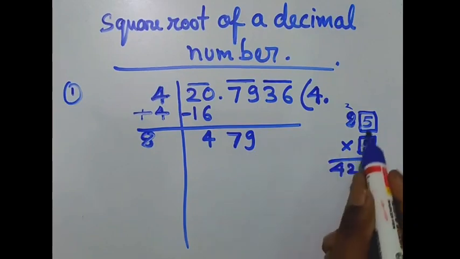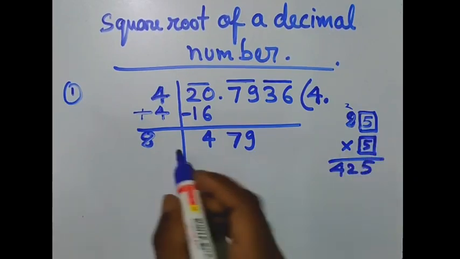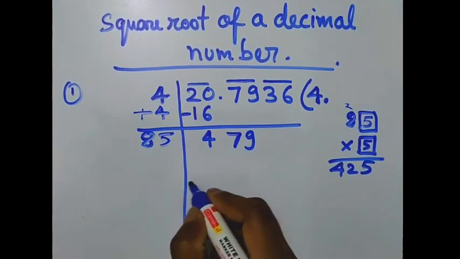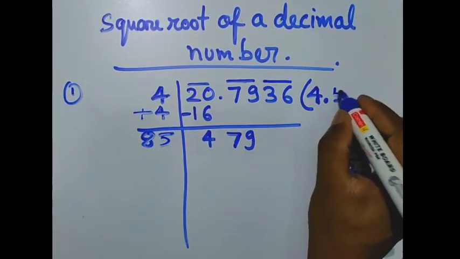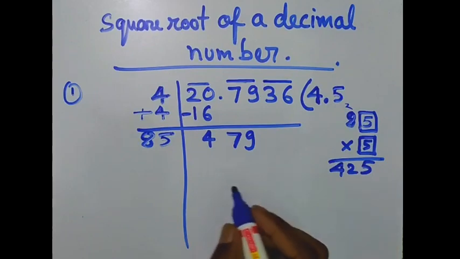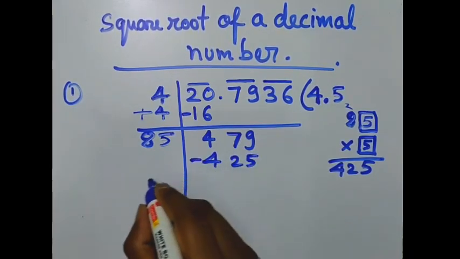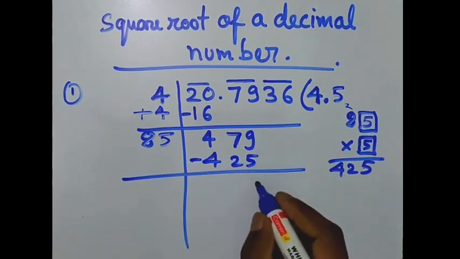Yes, so we'll take 85 times 5. So the number that I should put here will be 5, and I'll multiply 5. So it will give me 425.